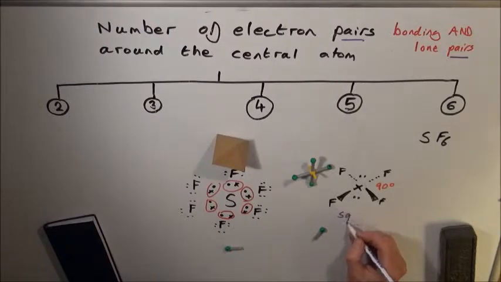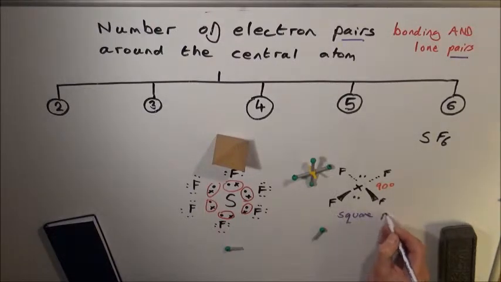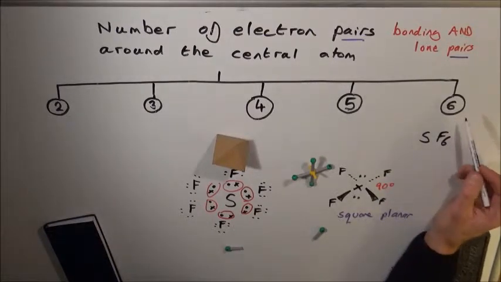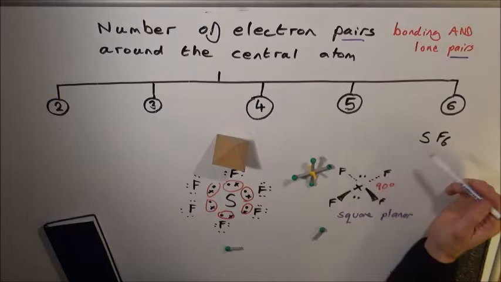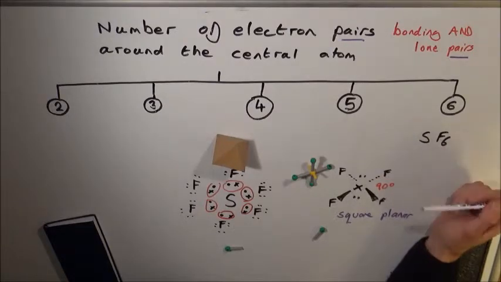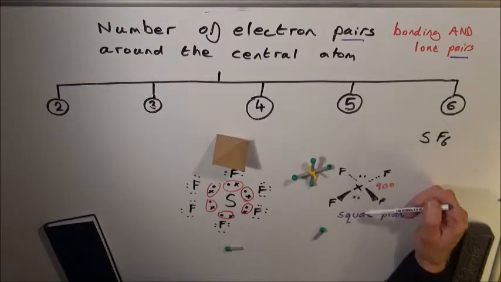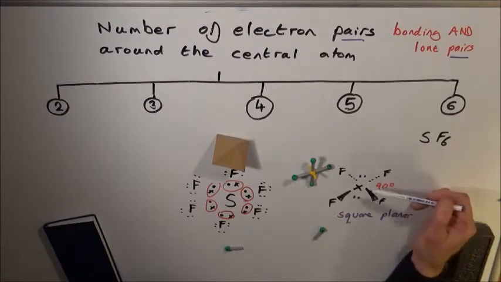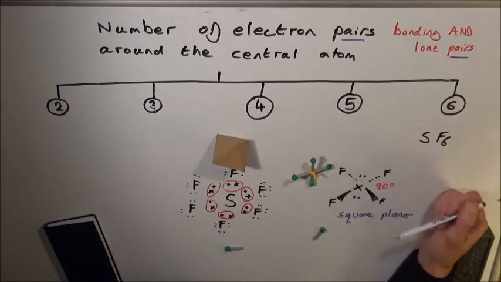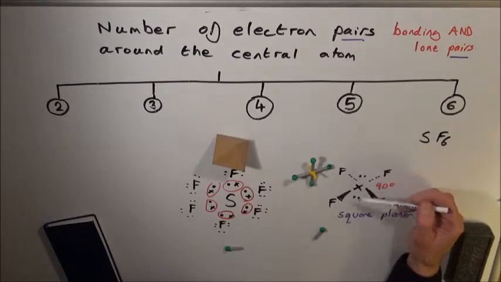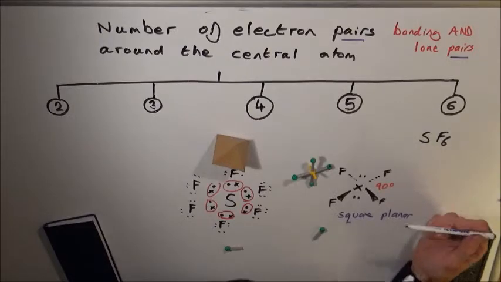Square planar. But it still belongs in this family of having 6 electron pairs around the central atom. So again, you would say there are 4 bonding pairs and 2 lone pairs. Electron pairs repel, bonding pairs repel more, so it forms this shape. But in this special case, you've got equal repulsion from above and below, so it ends up being a flat molecule.